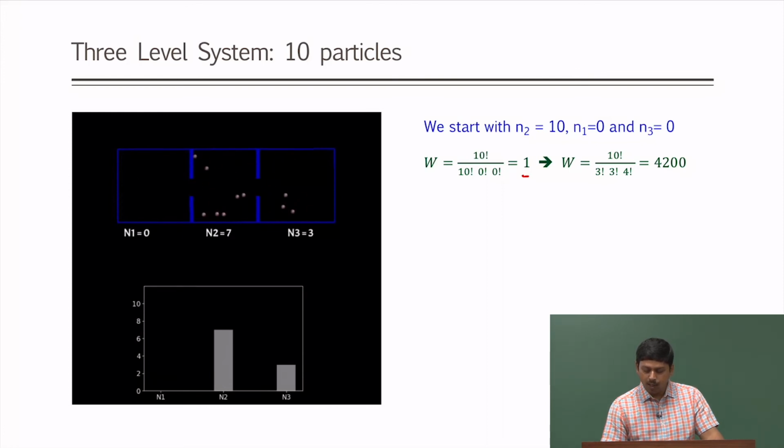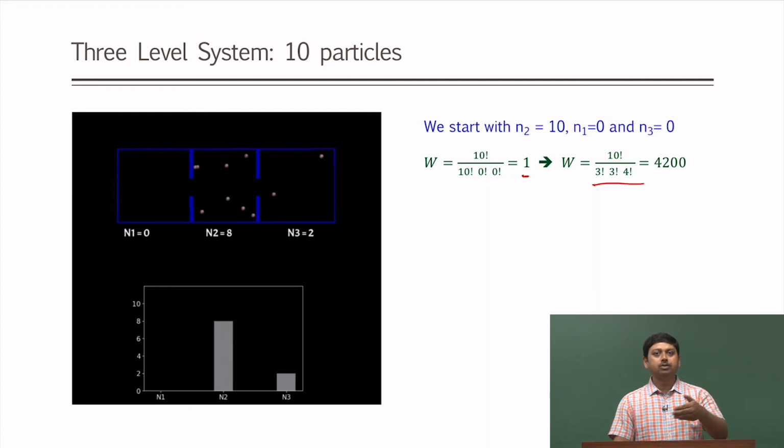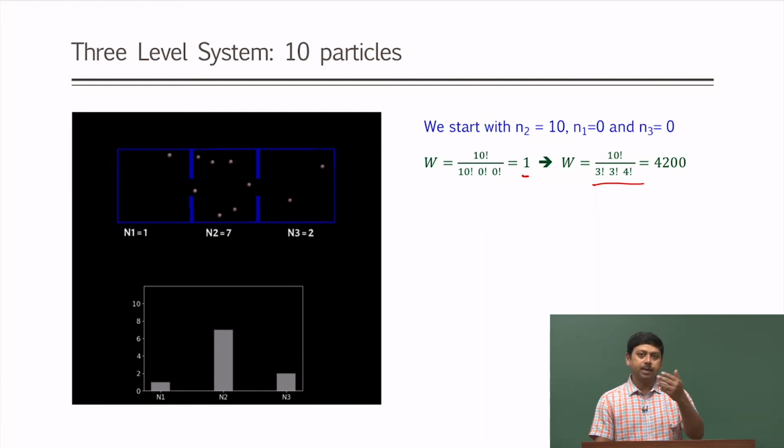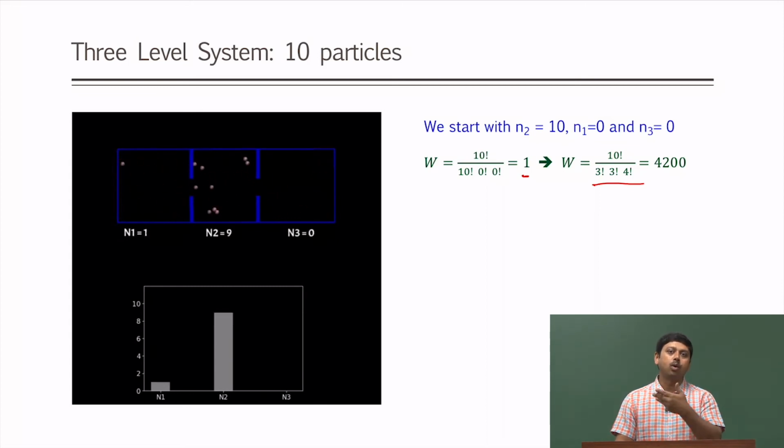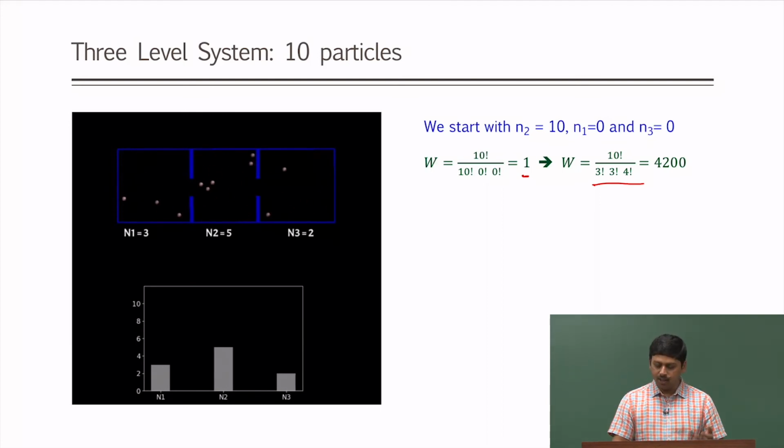Essentially we expect them to be equally distributed, because as we have seen, for a 2 level system n1 equals n2 equals n by 2, similarly for a 3 level system it will be n1 equals n2 equals n3 equals n by 3. However, here I cannot divide by 3, so I am just taking the best possible value, 334, and that number is 4200.